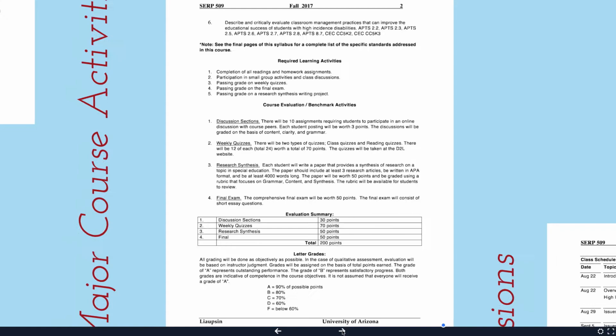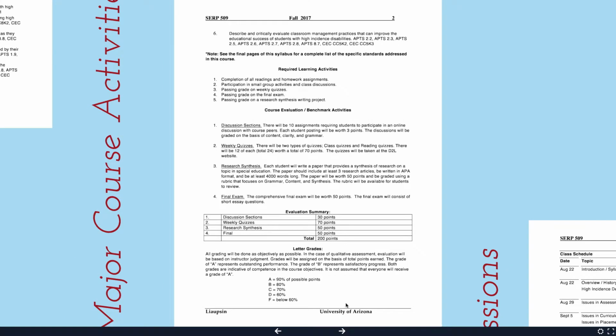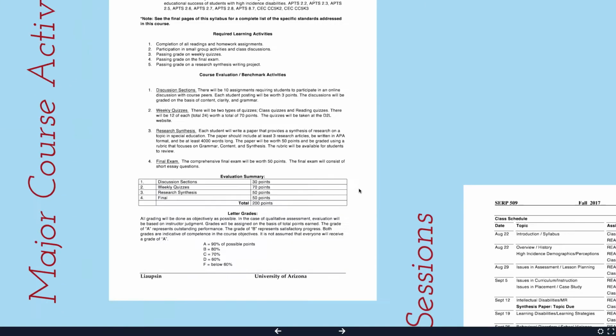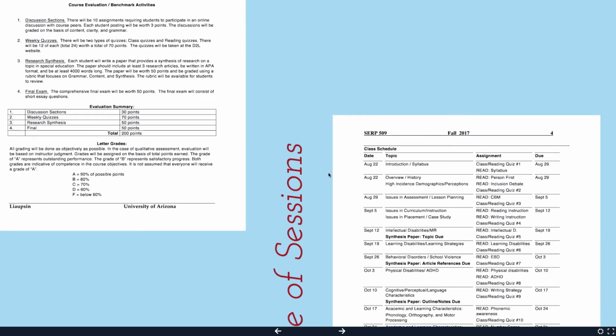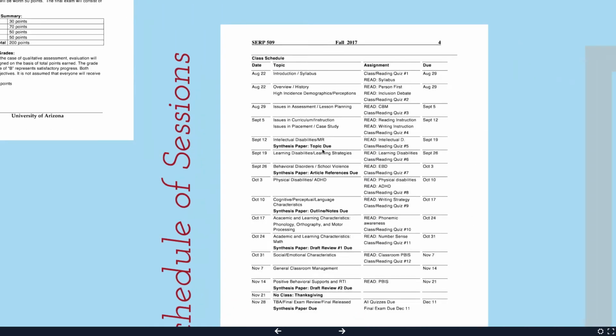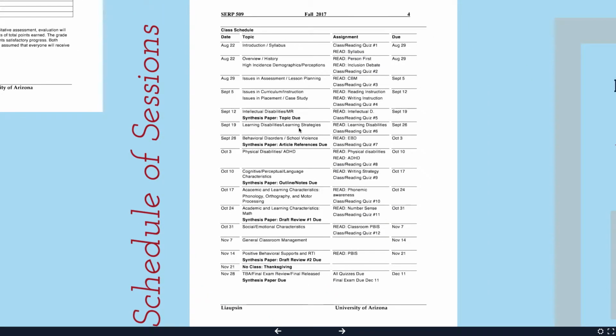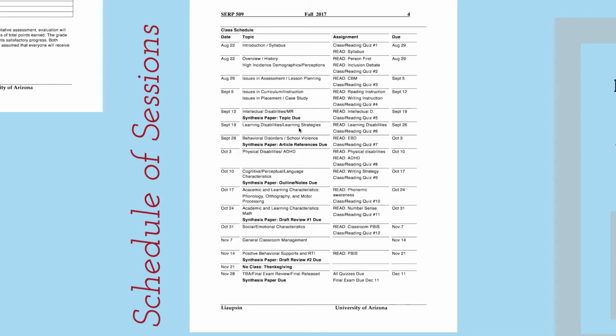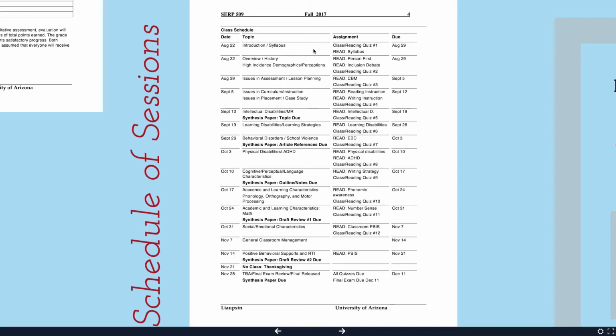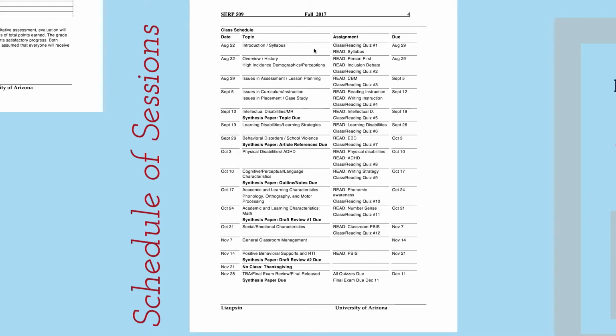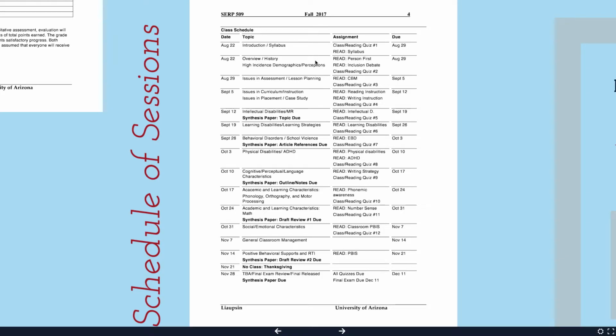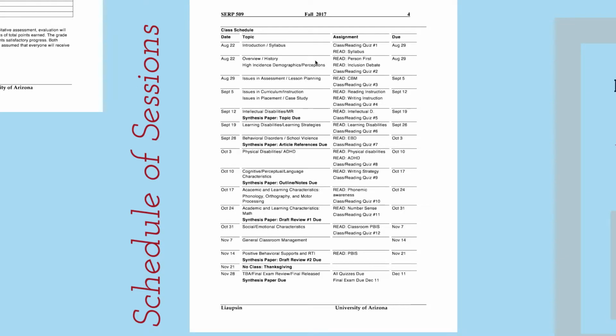Let's take a look at one more thing, and I'll let you do this in depth yourself. This is the list of topics. We start out by doing a basic overview and the incidence of kids with high incidence disabilities and our perceptions of them.